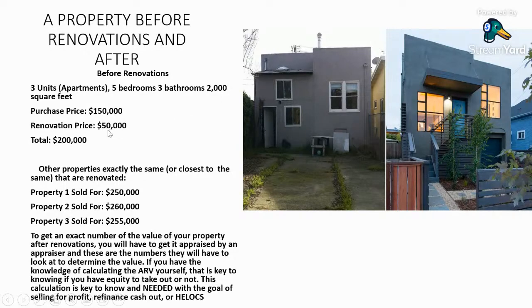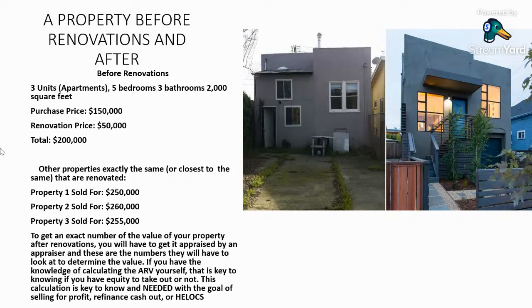The total would be what? $100,000 for renovation and $200,000 for purchase price is $300,000. According to the properties that sold around that property, which is the same exact property, it only sold for $260,000 max. You can't possibly sell that property for $300,000 because that's not the ARV.